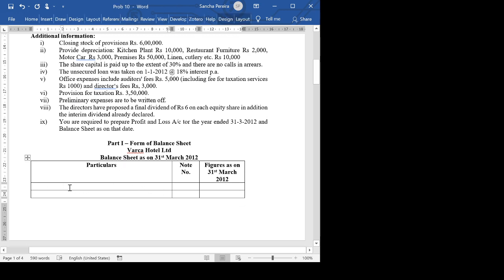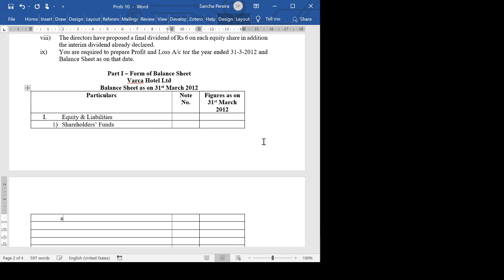The first thing that we have is equity and liabilities. Under equity and liabilities, the first item is shareholders funds. Under shareholders funds, we have share capital, which is note 1, and note 2, which is reserves and surplus.